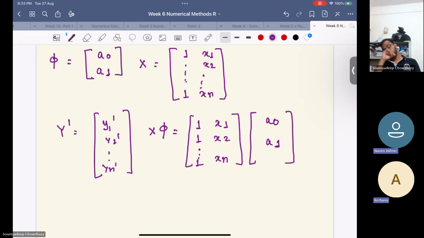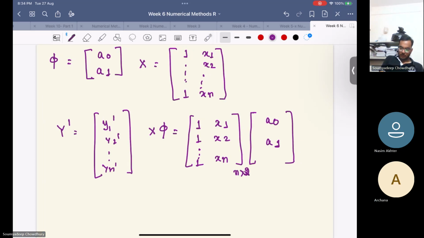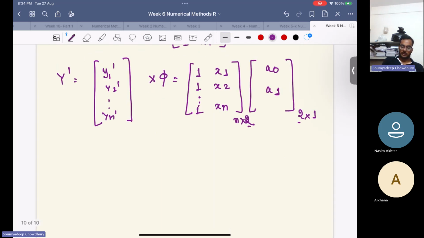The number of columns in the first matrix is equal to the number of rows in the second matrix. Yeah. So what is the order of this X matrix? It is n cross 2, right? What is the order of this phi matrix? 2 cross 1. So the columns of the first and rows of the second are equal, so matrix multiplication is possible. What will be the order of the resultant matrix?